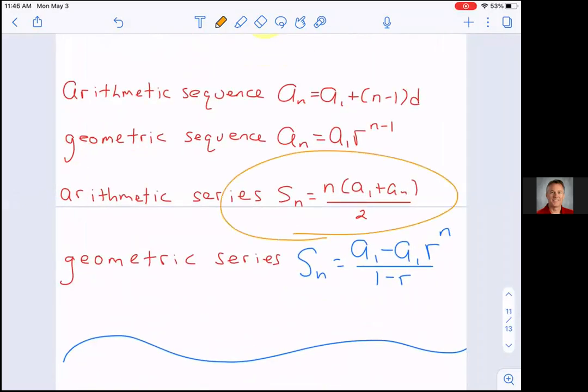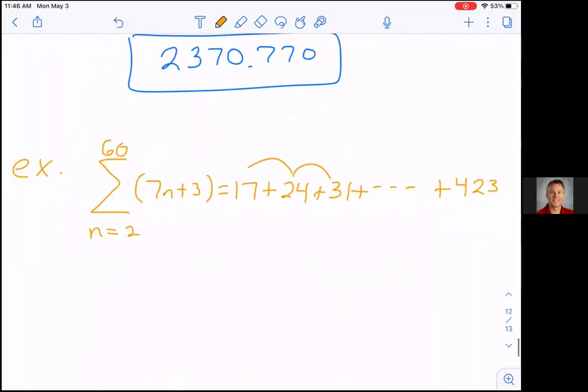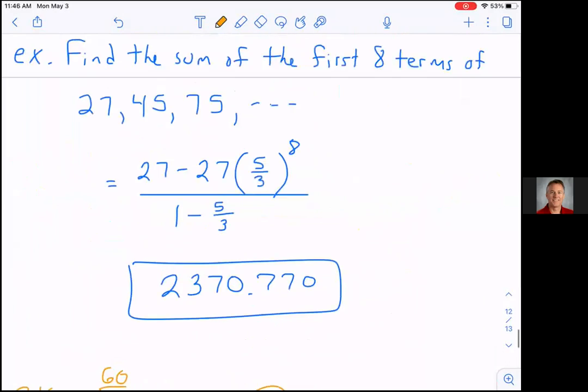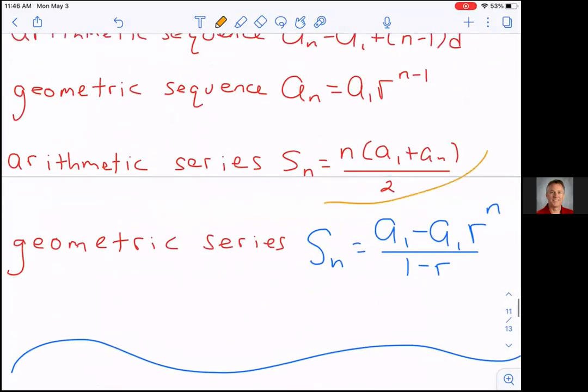So I'm going to do n, which in this case, what was our n here? Remember we do 60 minus 2 is 58 plus 1 is 59, meaning I have 59 terms. So it's going to be 59 times a sub 1 plus a sub n over 2.